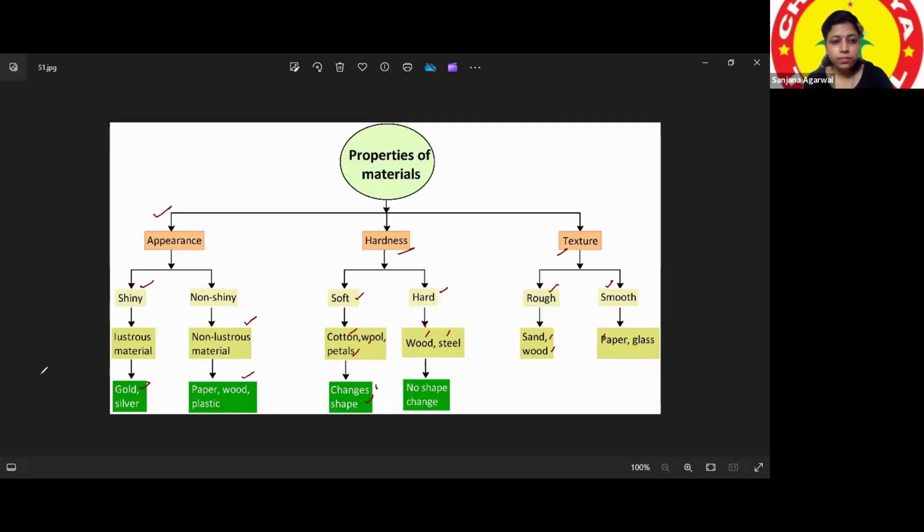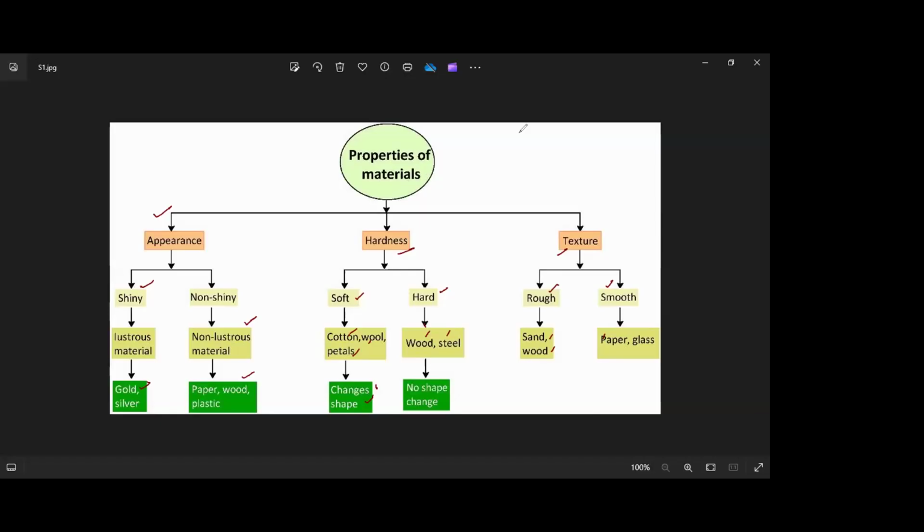Children, be quick. Ma'am, done, ma'am. Neha, Dakshin, and Harshit. Done, ma'am. Harshit and Dakshin. Done, ma'am. Dakshin, please confirm. Really done, ma'am.